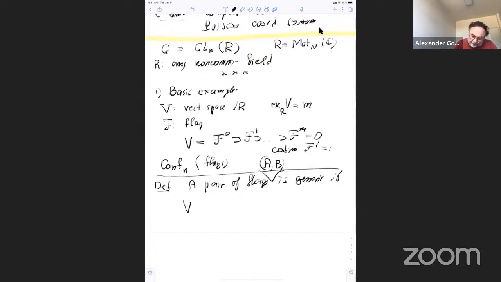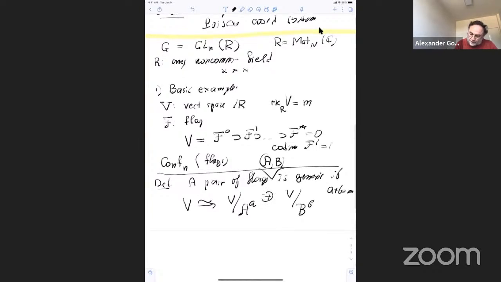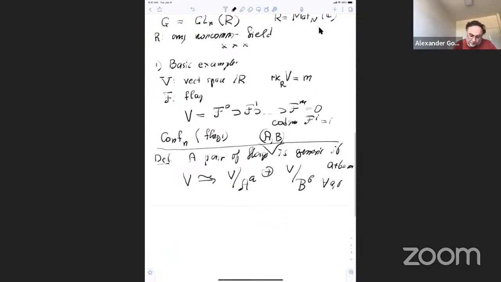If you take a vector space and project it to the quotient by the A-dimensional subspace of the first flag, you can also map it to the quotient by the B-dimensional subspace of the second flag. And if you assume here that A plus B equals M, then we insist that this is an isomorphism for any A, B such that the sum is M. That's generic flags.